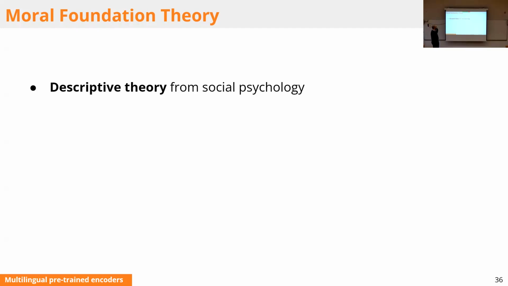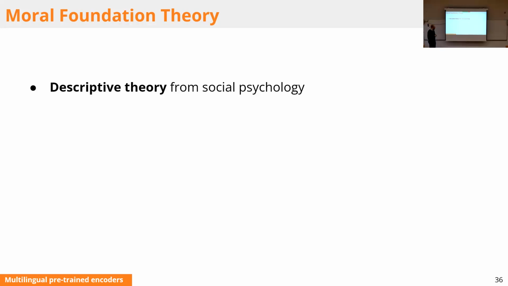Anyway, this was some random looking at data, so we wanted to do something more systematic. That something more systematic was that we have taken something called moral foundation theory, a descriptive theory from social psychology.